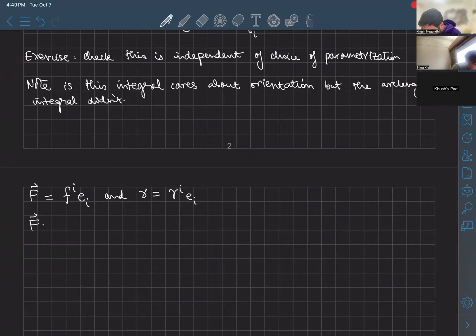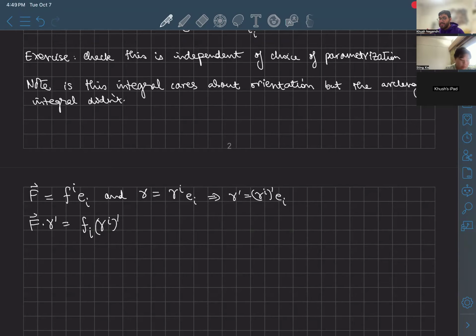So what I get is f dot gamma prime, where gamma prime is gamma_i prime e_i, is nothing but the sum over i of f_i gamma_i prime. Another way to see this, I can lower this f index down here, just how we did previously. So I just lower the index. Okay. Does this make sense?